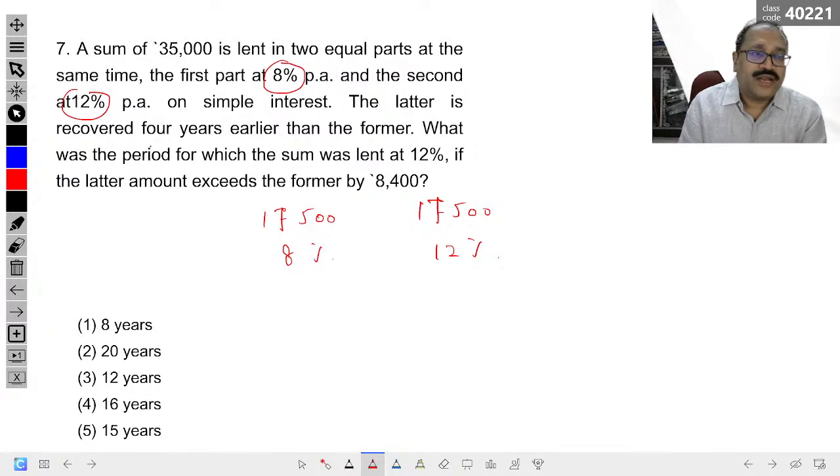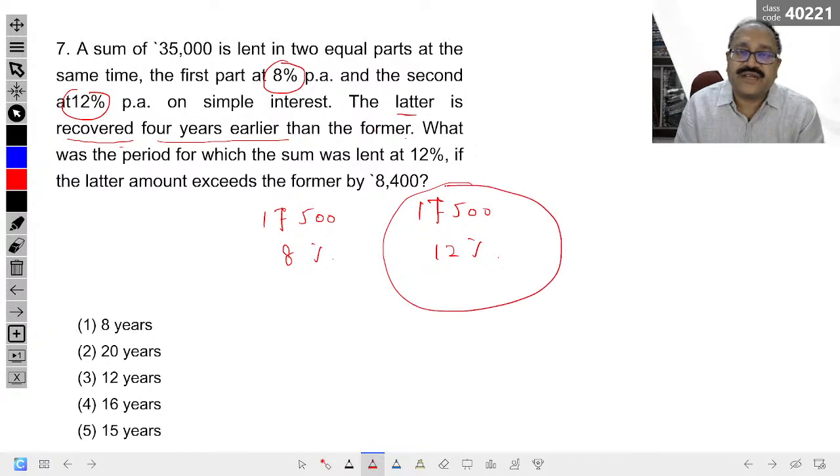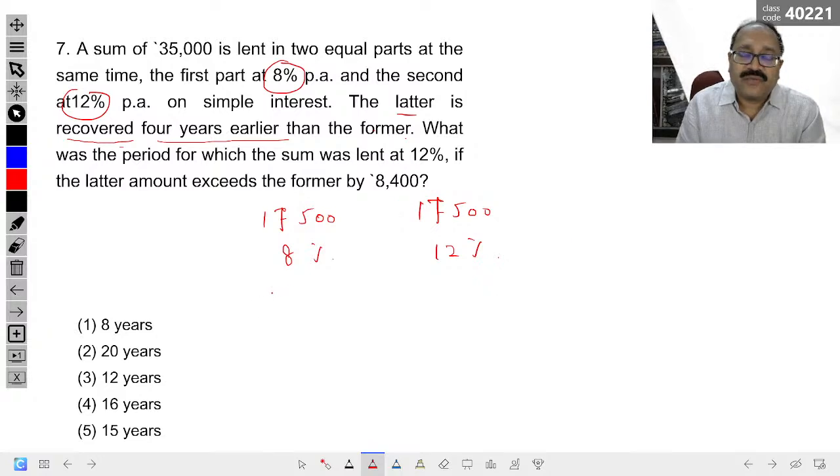Now the latter recovered 4 years earlier than the former. What is latter? This one is latter. What is former? This one is the previous one. So the latter recovered 4 years earlier than the former. If the former time is T, here the time is T minus 4.